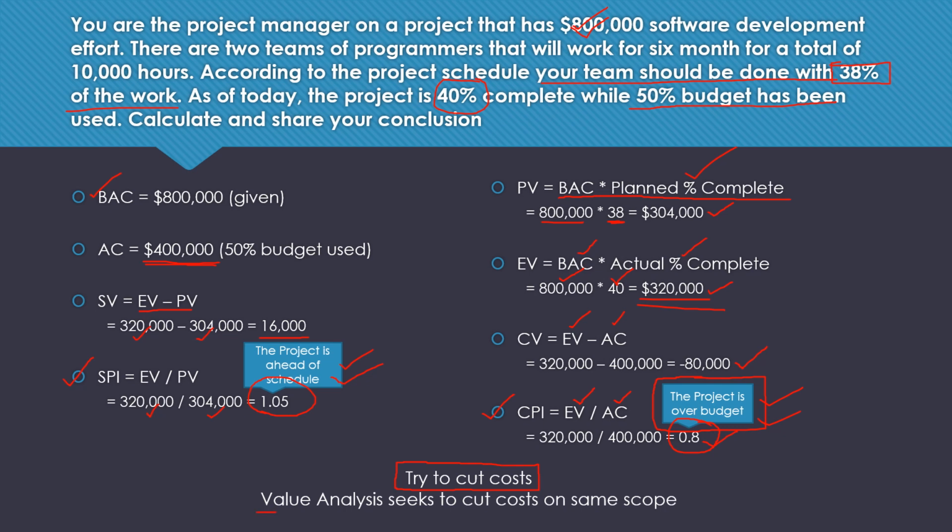There is a term called value analysis. Value analysis seeks to cut costs on the same project scope. It is a good time to introduce this concept, using which you seek to cut costs so that you can take care of your CPI, but the scope of the project remains the same.